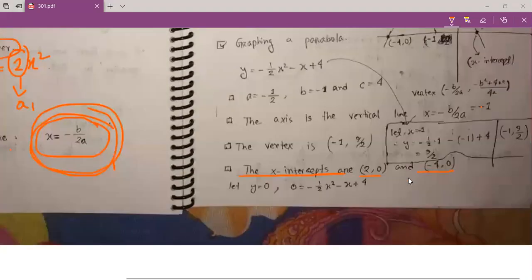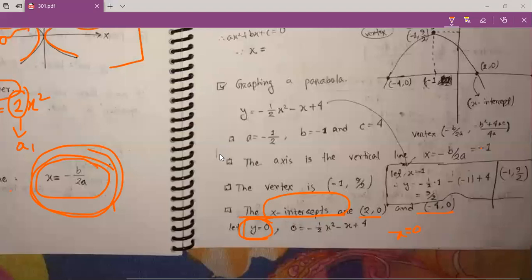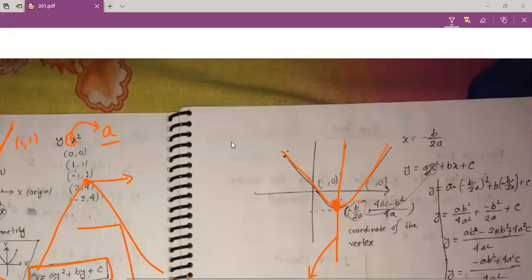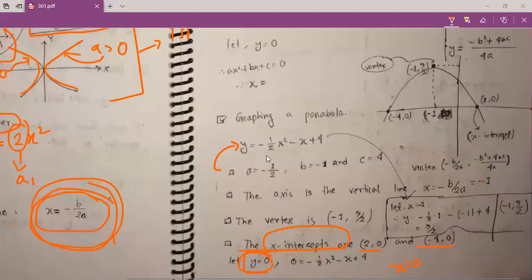So how do we find this? It is very simple. To find the x-intercept, we take y equal to 0, and to find the y-intercept, we take x equal to 0. In this equation, you just put y equal to 0.